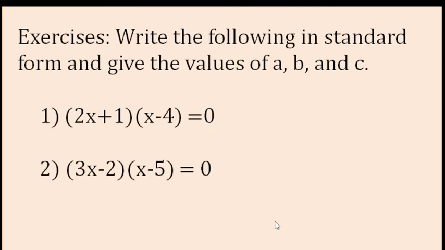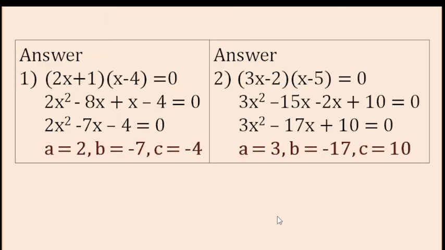Now I prepared 2 items here for your exercises to work on. You can pause the video and work on these 2 items. If you are ready, I will show you now the answer. For item number 1, the standard form is 2x squared minus 7x minus 4 equals 0.